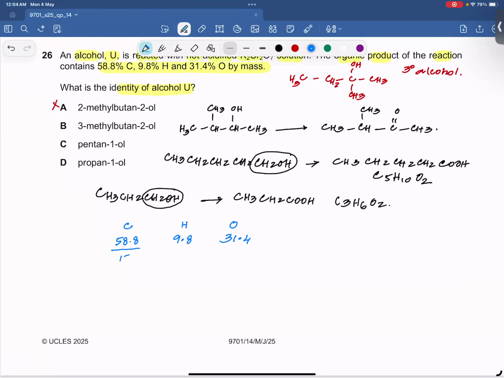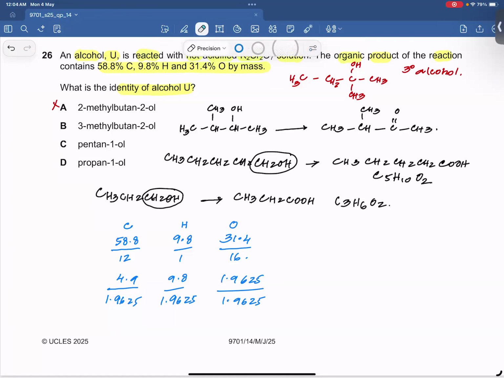To get the moles, divide by 12, divide by 1, divide by 16. 58.8 divided by 12 is 4.9. Hydrogen is 9.8. 31.4 divided by 16 is 1.9625. To get the simplest ratio, I'm going to divide by 1.9625. So 4.9 divided by 1.9625 is 2.49, so it's basically 2.5.